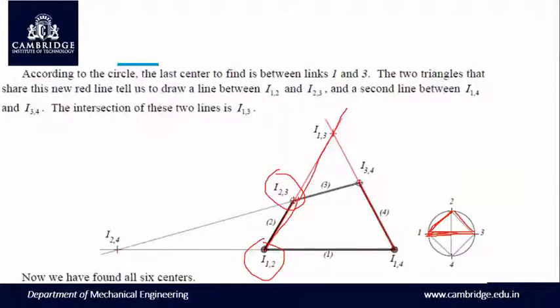Now coming to the next triangle, we have I14 and I34, our instantaneous centers are here. Just join these 2 and produce further, wherever the intersection of these 2 lines occurs, that is the I13. So now we have found all 6 instantaneous centers.